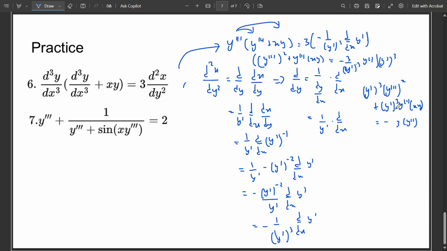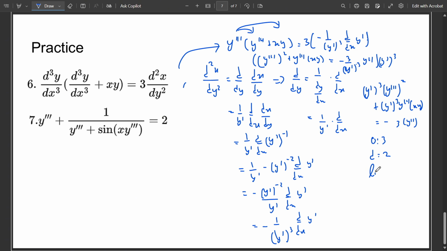Well, as you can see, what is the highest derivative? Which is just our y triple prime. So the highest derivative order is 3, and the degree is the power of the highest derivative, which is 2 in this case.